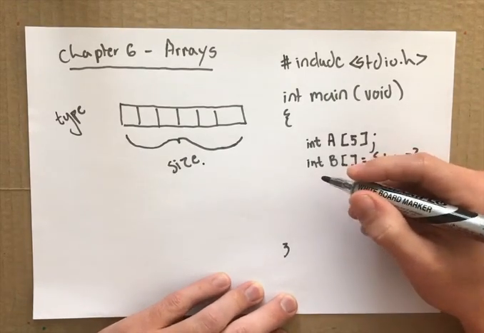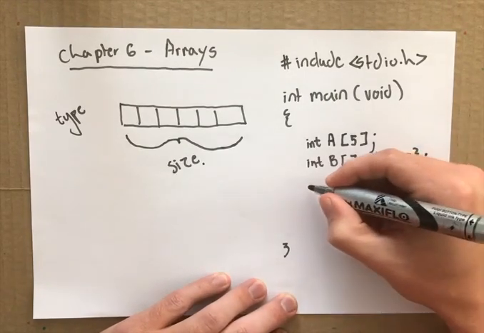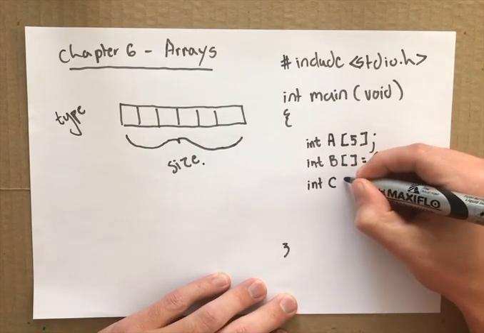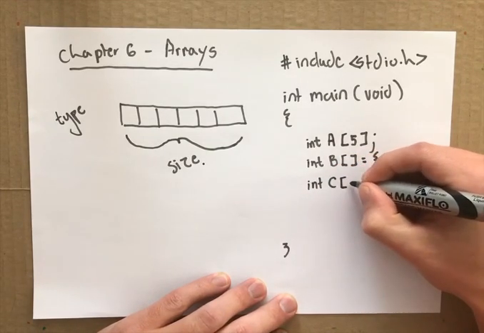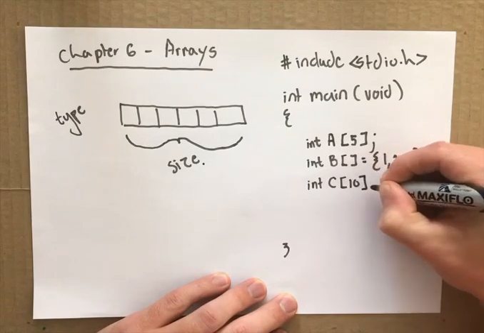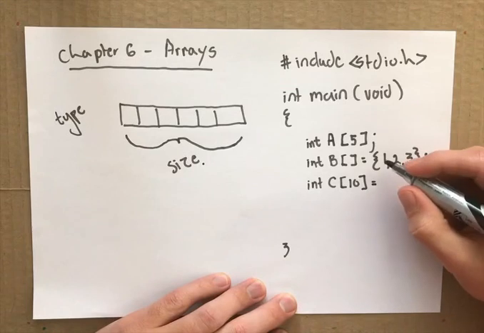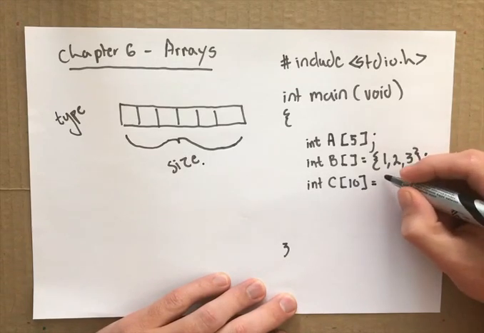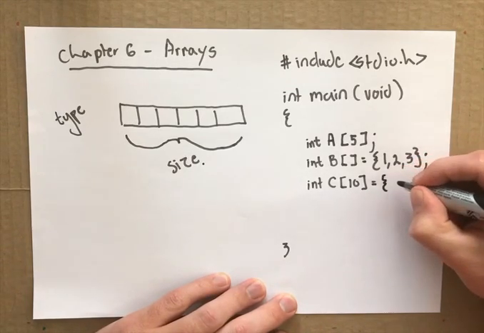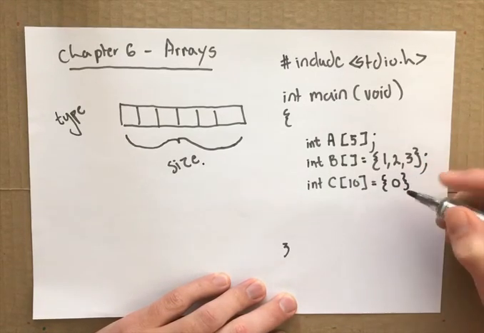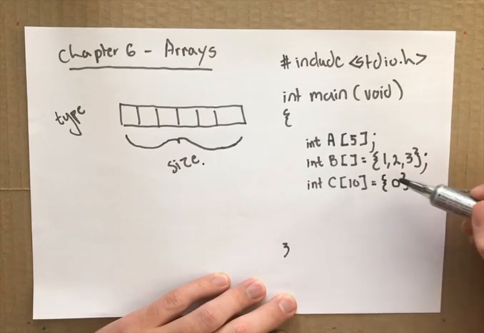Then, for instance, what we also can do is, let's say we want to create an array called C of size 10, but all the values in the array we want to be 0. And we can do just this. So there's a size of 10.